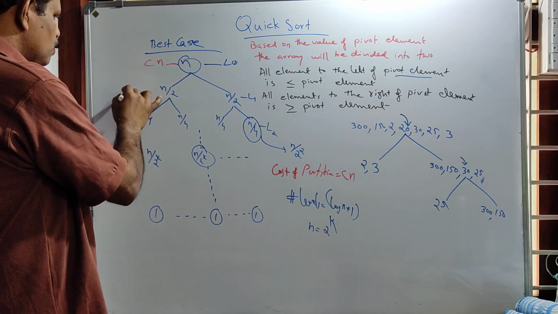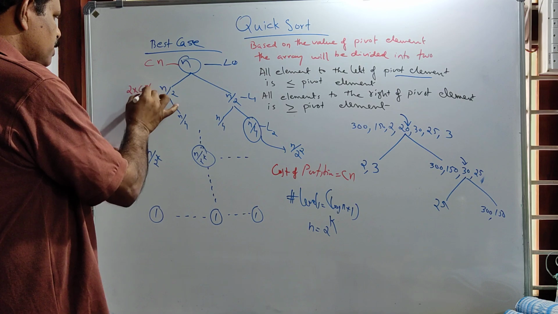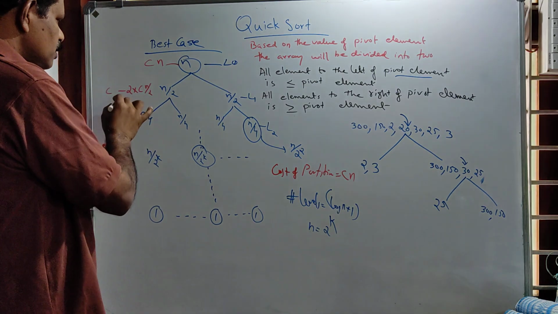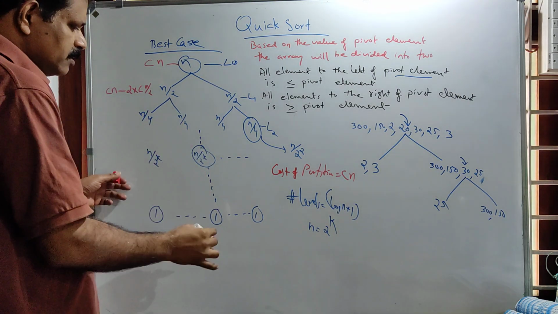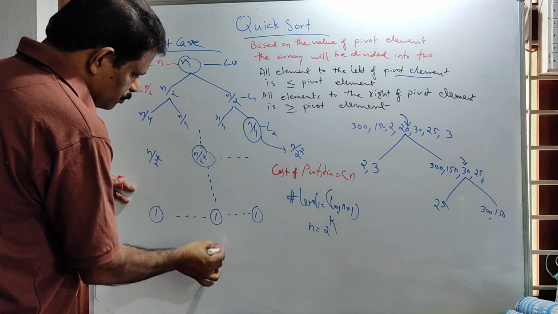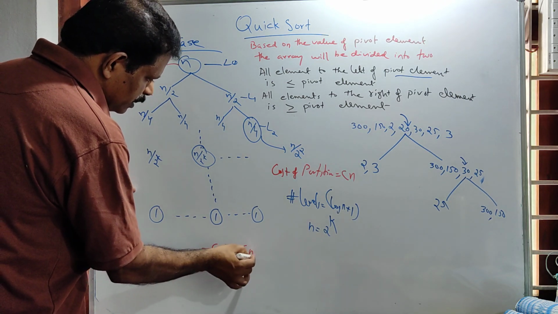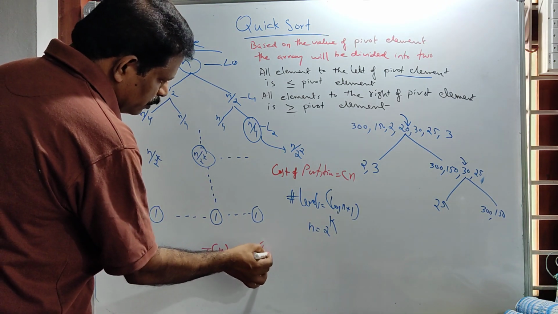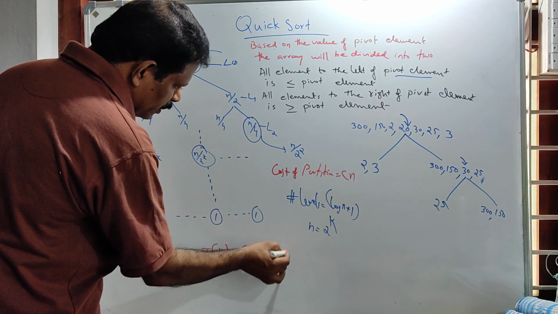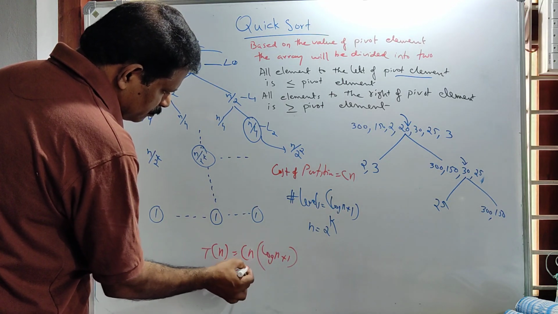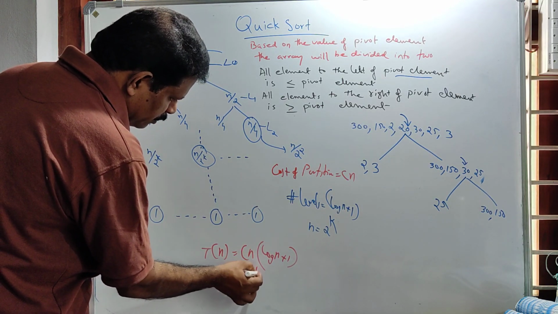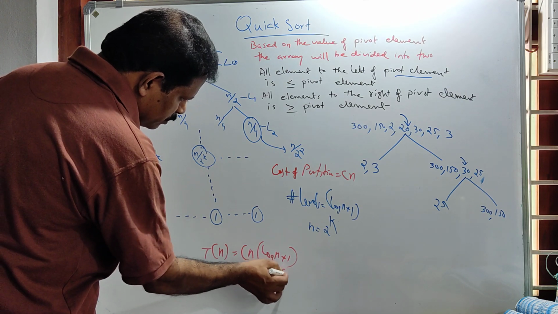Here 2 into Cn by 2, the cost will be Cn. Okay, so total cost T(n) is equal to Cn into (log n plus 1) is equal to Cn log n plus Cn.